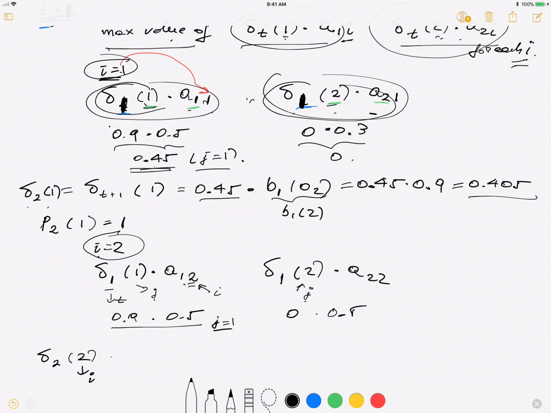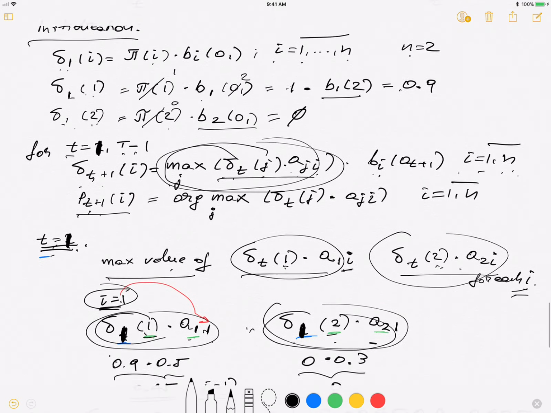Delta 2 2 will be like this, right? And this would be this product times, this is the maximum value of the product, right? Times B2 of O2.